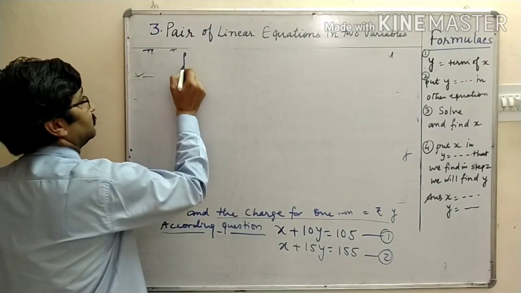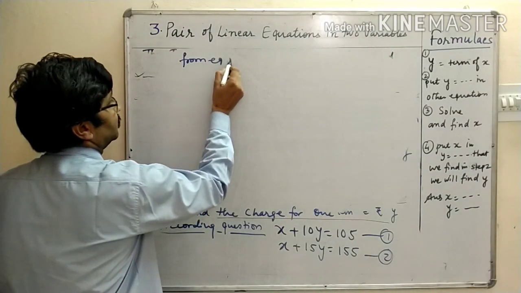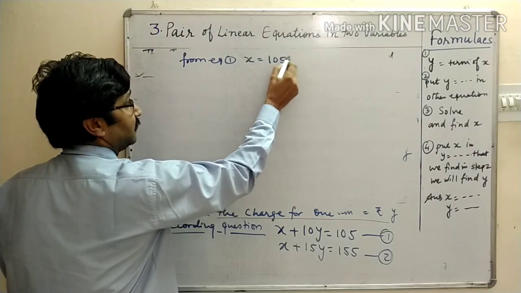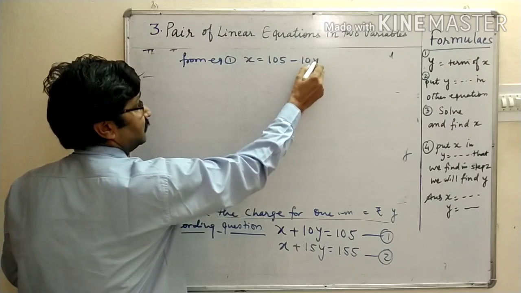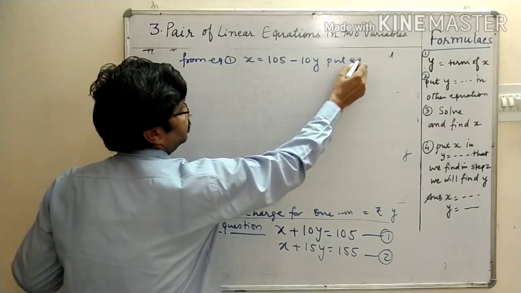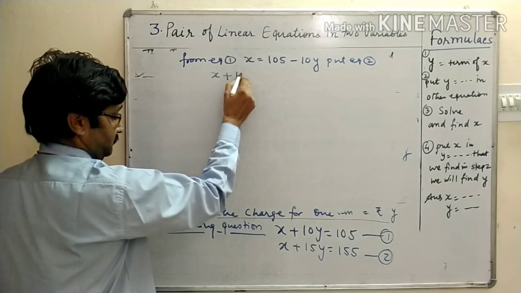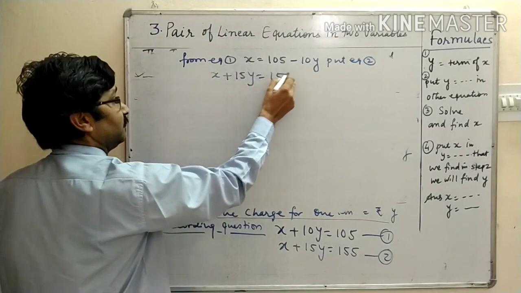From equation 1 we can find x equal to 105 minus 10y, and that you put in equation 2. Put in equation 2, x plus 15y equal to 155.